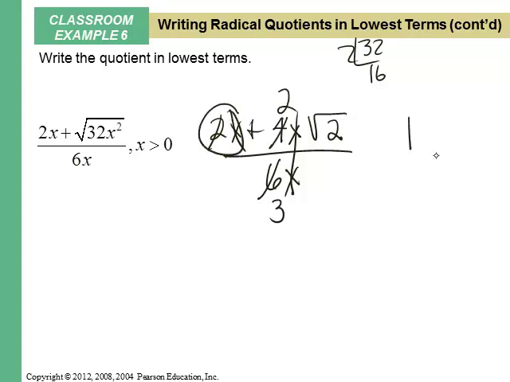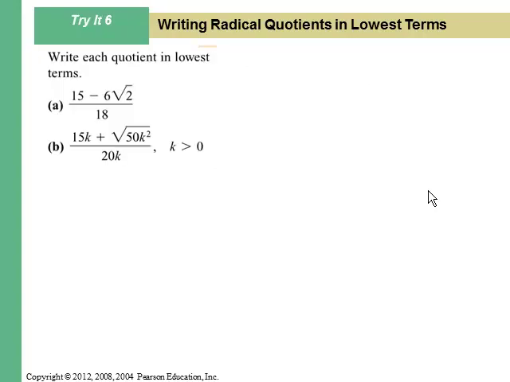Remember, if everything cancels out, that leaves you a 1 plus 2 root of 2 all over 3. Try this one. You can divide everything by 3, and you have 5 minus 2 root of 2 over 6.